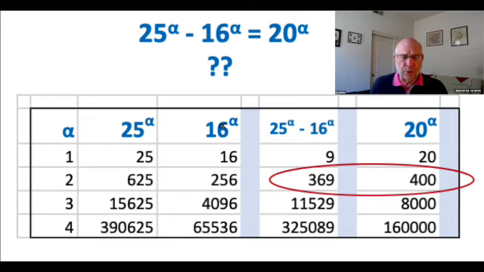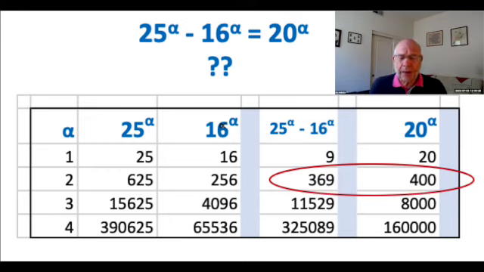And if we set alpha equal to 4, then again, the exponential growth applied to that larger mass of 25 really outpaces everything else. And now that differential is more than double the right-hand side of this equation.